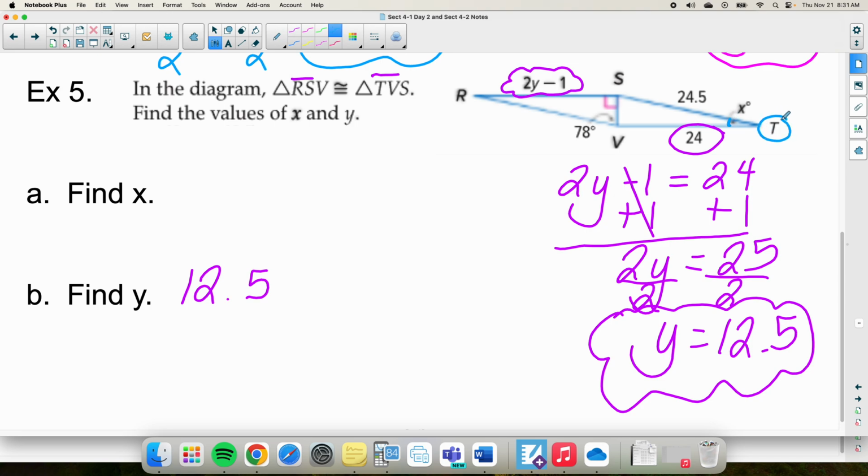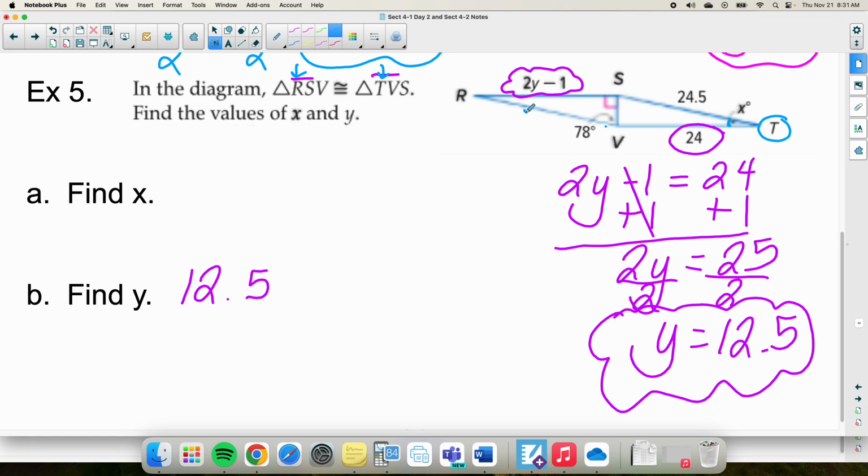So x is angle T. Angle T is my first angle here, so that's going to equal angle R, okay? Now, when you guys look at angle R, we don't know what it is, but could I find it? If that's 90 and this is 78, how could I find that?